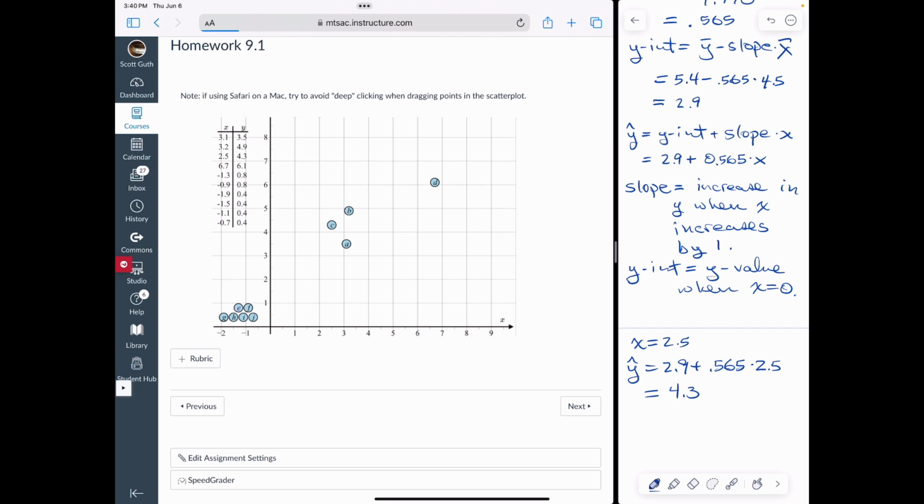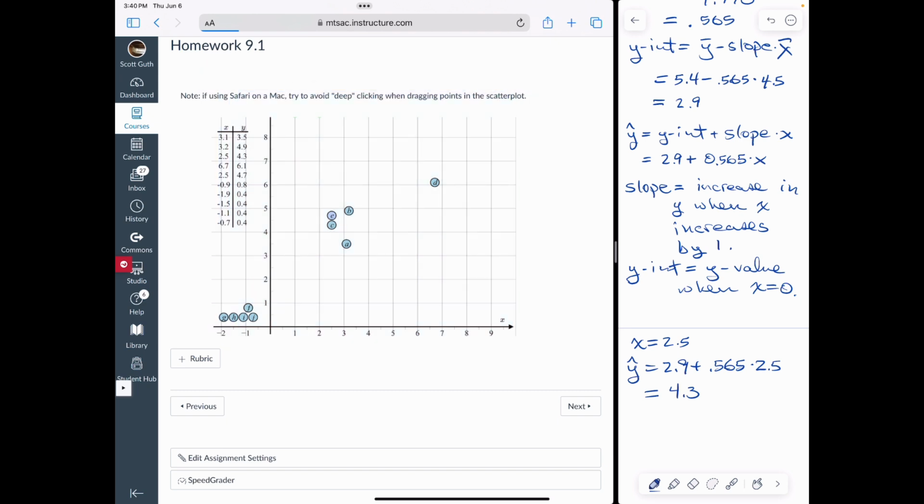Just kind of grabbing it. 2.5, 4.7 is going to be up here somewhere. Just off a little bit. Oh, almost had it. Really hard to do with the stylus. That's it right there.